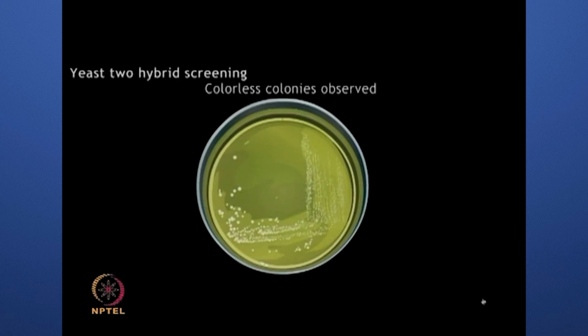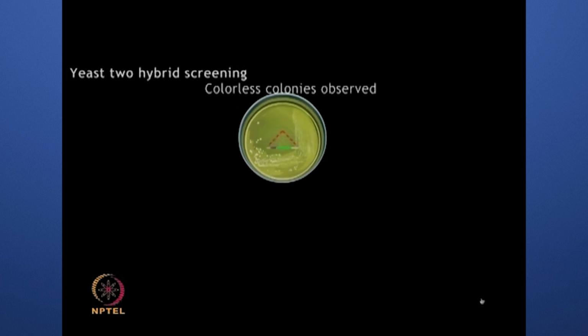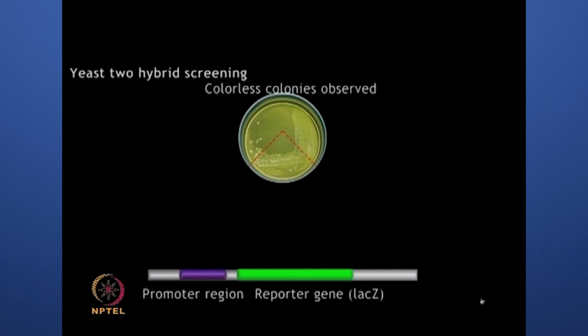We will now talk about yeast two-hybrid. In yeast two-hybrid screening, the binding of a transcriptional activator protein, composed of a binding domain and an activation domain, to the promoter region is essential for expression of the corresponding reporter gene located downstream of the promoter.